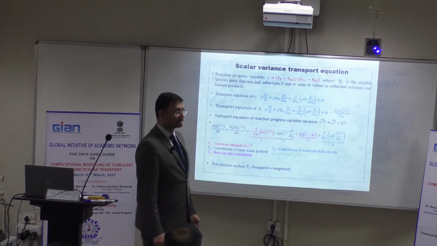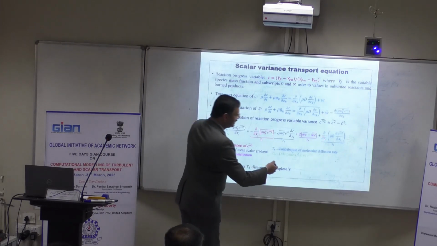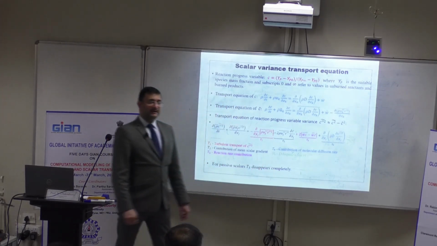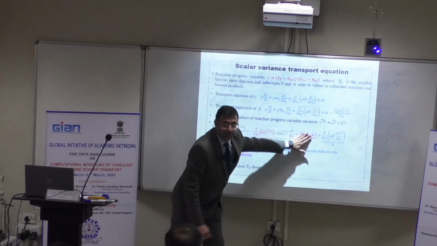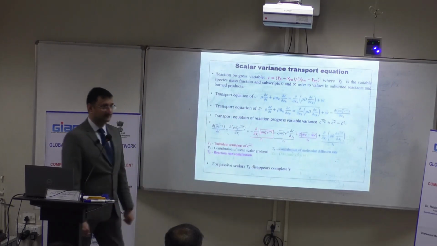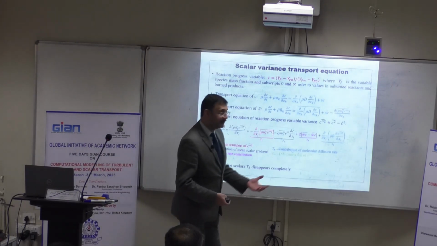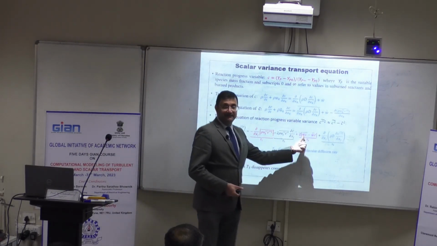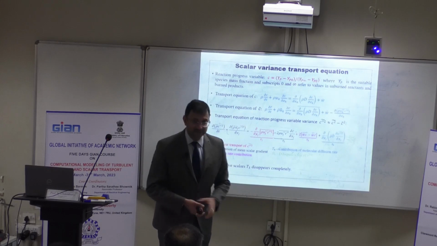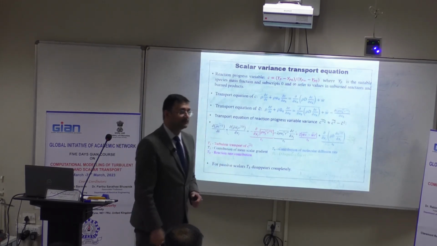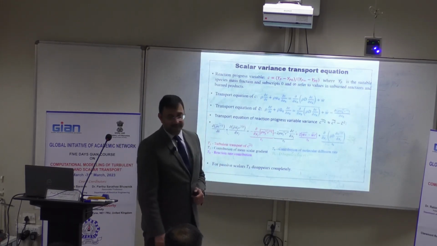Okay? This is the reaction rate contribution. So if you are dealing with passive scalar, this term will go to 0. Clear? But in the context of reaction progress variable, it actually generates scalar variance. Because of the chemical reaction, it essentially gives rise to scalar variance.